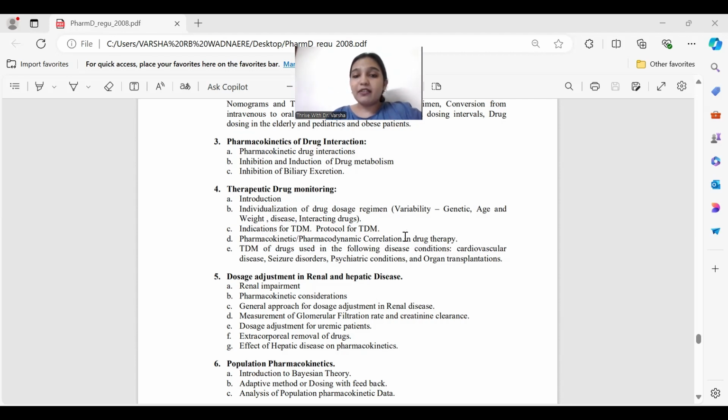Then pharmacokinetic and pharmacodynamic correlation in drug therapy. Then TDM of particular drugs in cardiovascular disease, seizure disorder, psychiatric condition, and organ transplantation. Now in cardiovascular disease, they will have a particular list of drugs, like 10 or 12. You will have to learn all those drugs tediously.